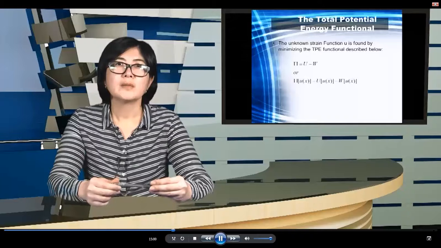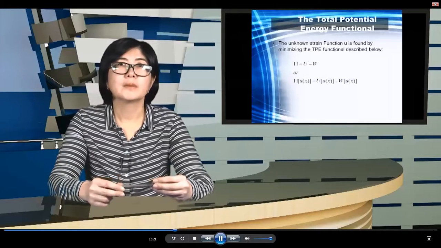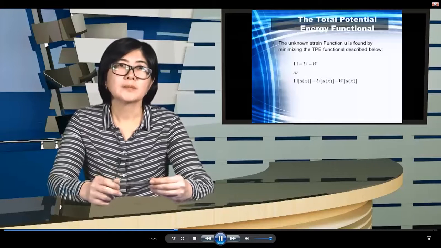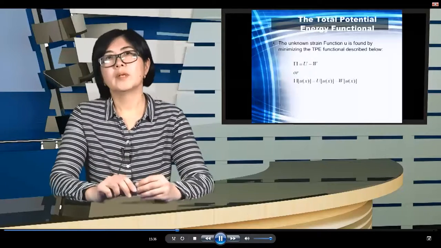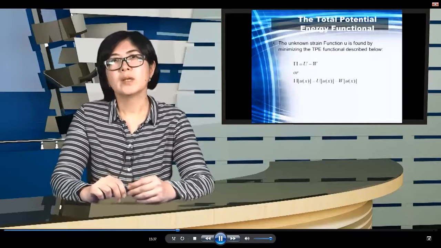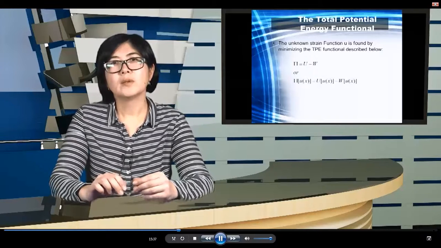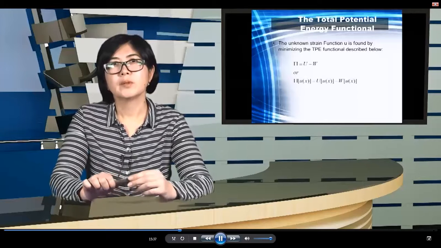Instead, we will define the following total potential energy function, which will have to be minimized. You can see the next expressions. According to the principle of variational calculus, a function is minimized when its variation equals 0. You can see the equation.